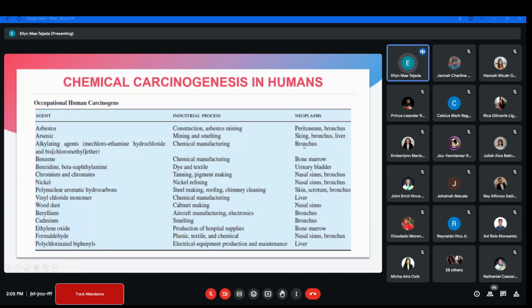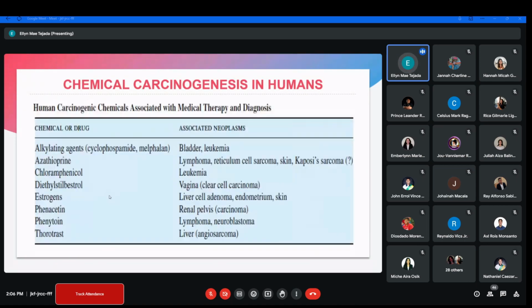So kindly take note of this, okay? This will be included in your exam. Let me just remind you, aside from that, we also still have medical therapy and diagnosis, of course. The most common are chloramphenicol and phenytoin; yes, they can be associated with possible neoplasms.